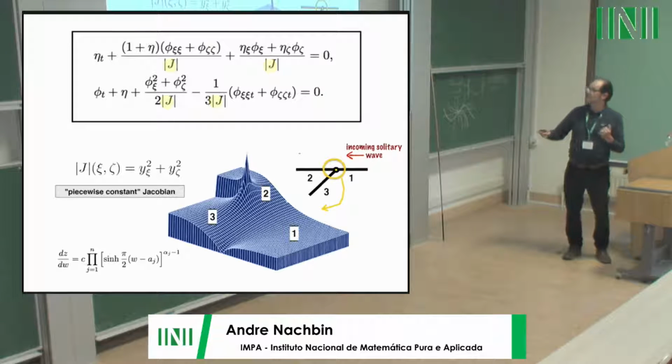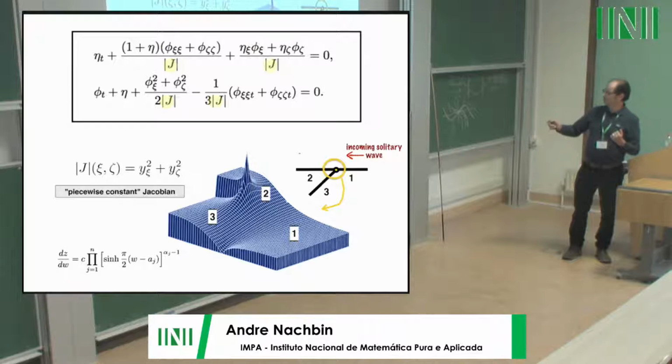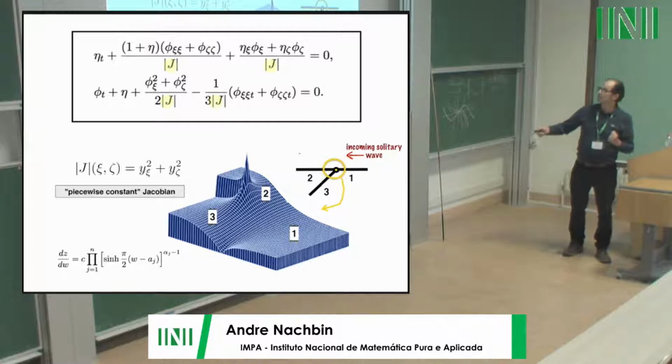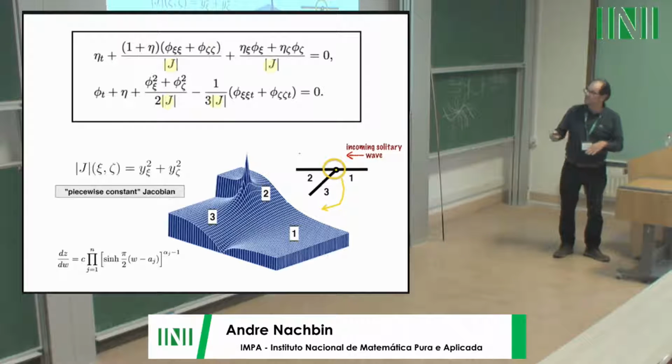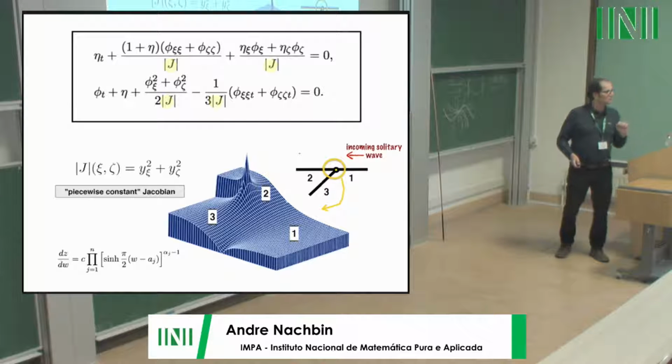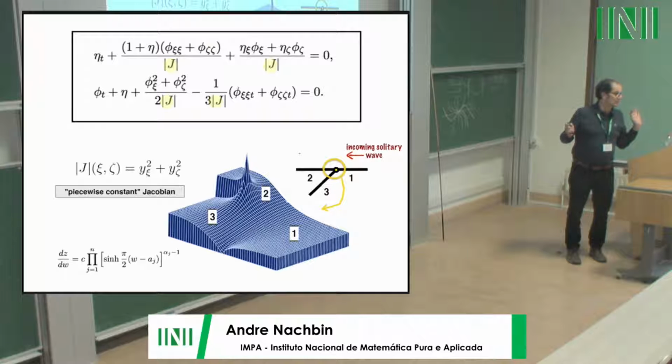And look at this. The Jacobian now, if I have a channel that looks like this, main reach coming this way, it's effectively a piecewise constant object, just like a constant that changes from one reach to the other, right? It has a little bit of this complicated structure here. And at one point, I'm going to say, let's forget a little bit this structure here and see if we can get away with it, because the scale of the solitary wave is longer than these rapid variations.